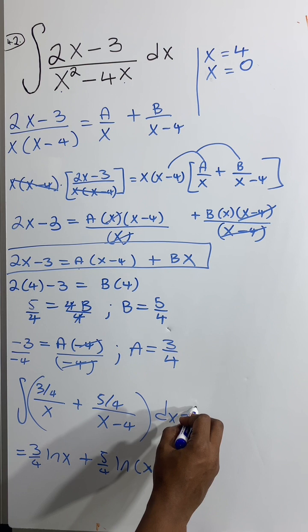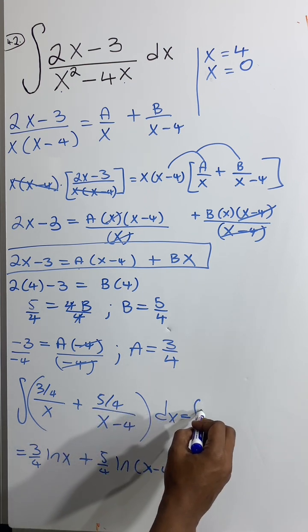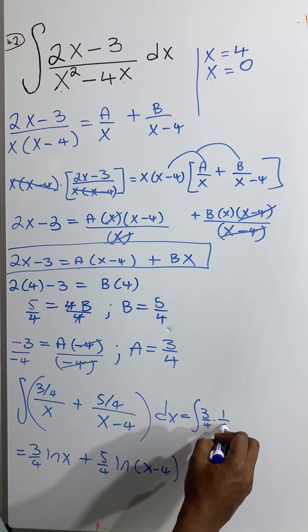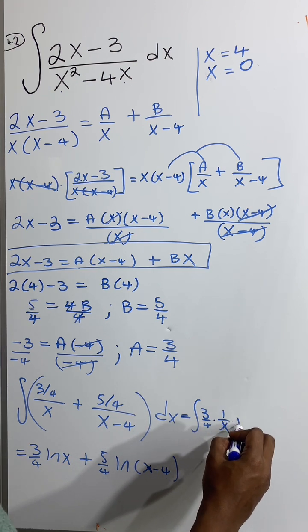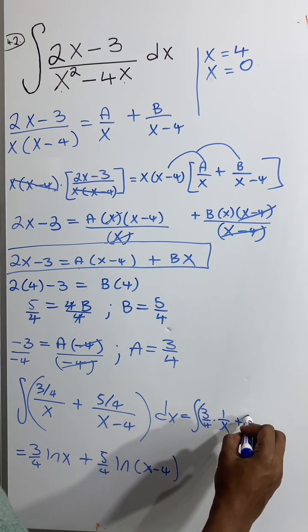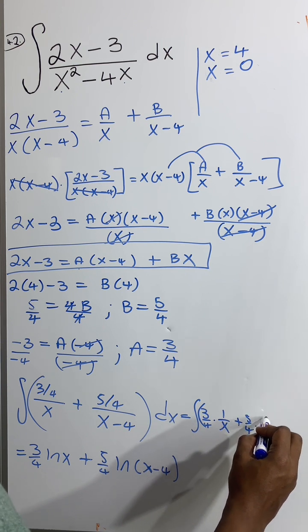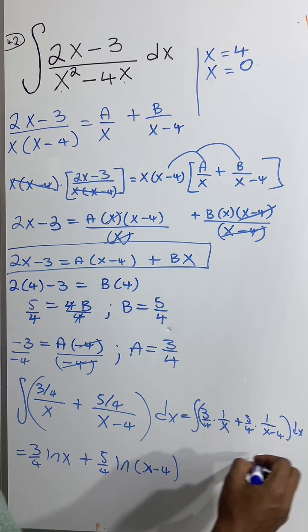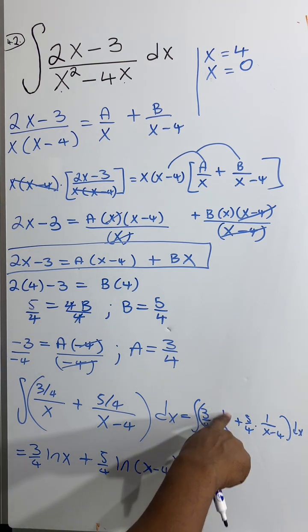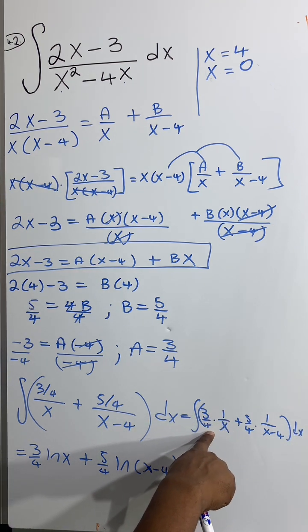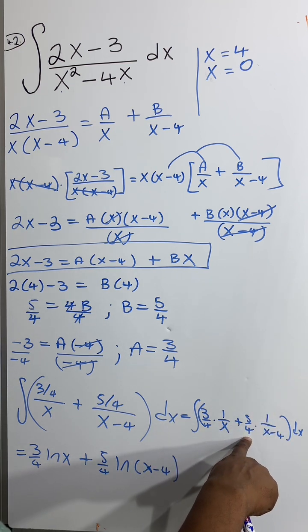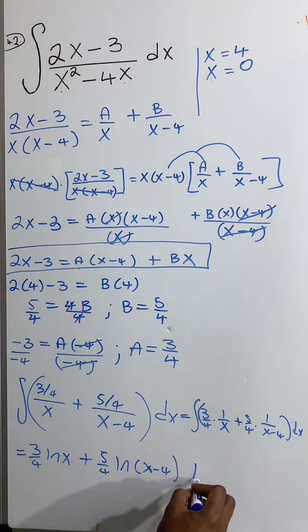Or you can choose to write the 3 over 4 that side and the 1 over x there and the 5 over 4 there. So you'll integrate 1 over x and multiply it with 3 over 4, and integrate 1 over x minus 4 and multiply it by 5 over 4 plus c.